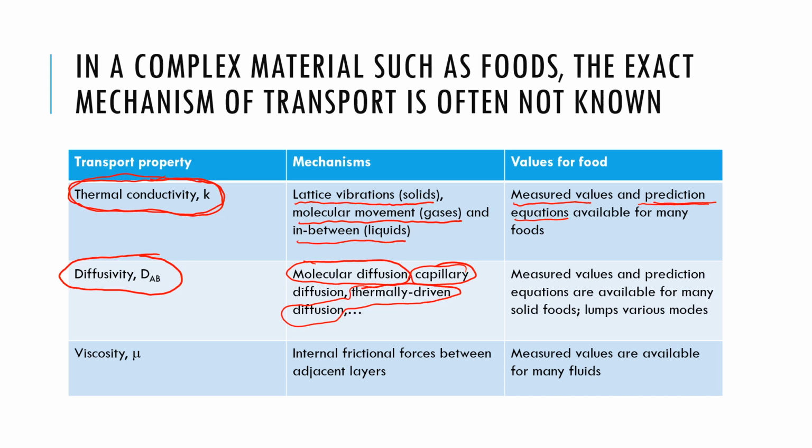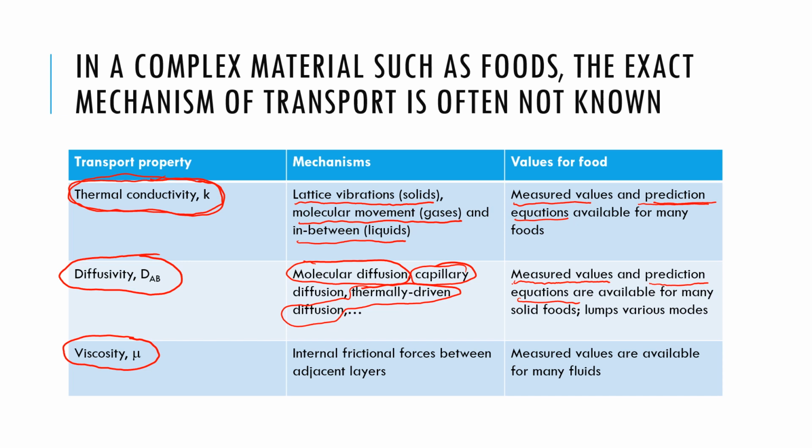It's really hard to say for a complex material such as food exactly which one is contributing how much or come to any prediction. So again, we use measured values and prediction equations for, let's say, diffusivity. Okay, so this is just to keep things in perspective that although those equations are very fundamental, this is how they are used.